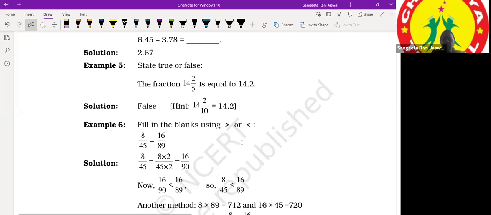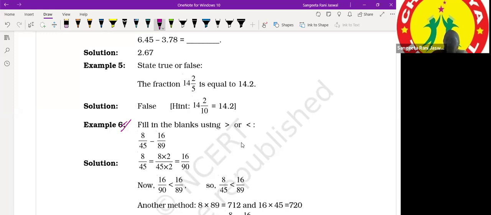See here, fill in the blanks. Example number 6. Fill in the blanks with greater and lesser sign. So this is 8 by 45, you have to put the required sign here, greater or lesser, and then 16 by 89. So what will you do here? You will try to make the denominator the same. But now here you cannot make 45 equal to 89.